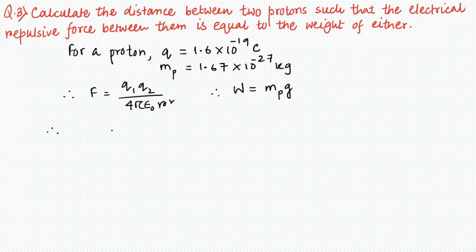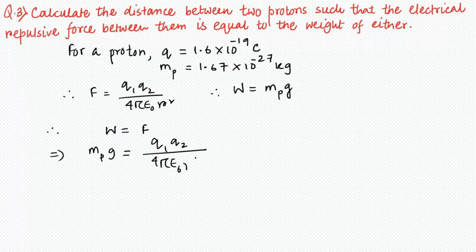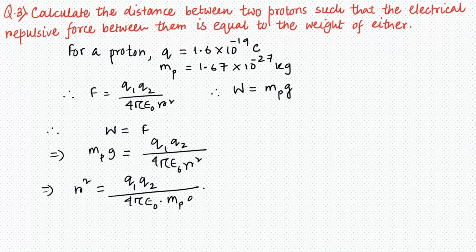So this W is equal to F. So mpg is equal to Q1 Q2 by 4 pi epsilon naught r square. Now from here we have to calculate the value of r. So r square would be Q1 Q2 by 4 pi epsilon naught mp into g.